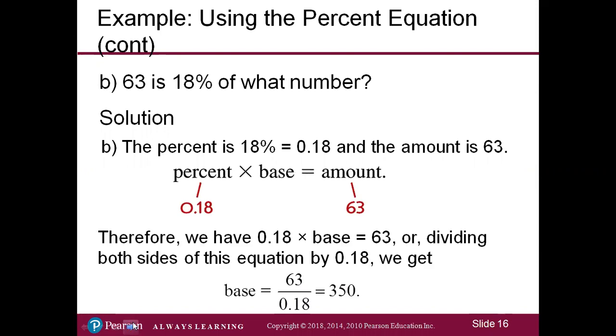Therefore, we have 0.18 times the base equals 63, or dividing both sides of this equation by 0.18, we get that the base is equal to 63 divided by 0.18, which is equal to 350.